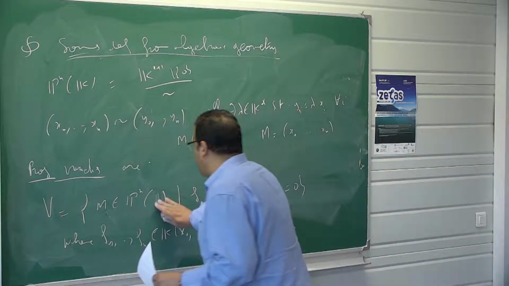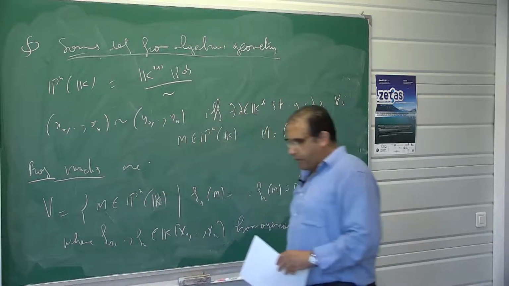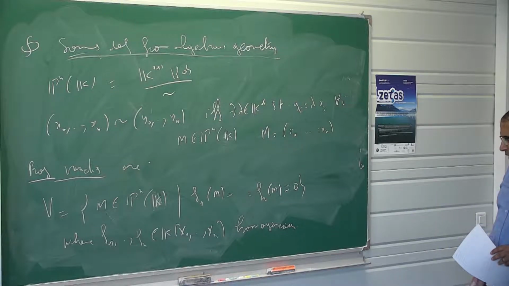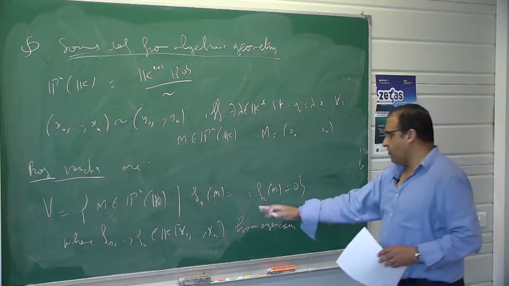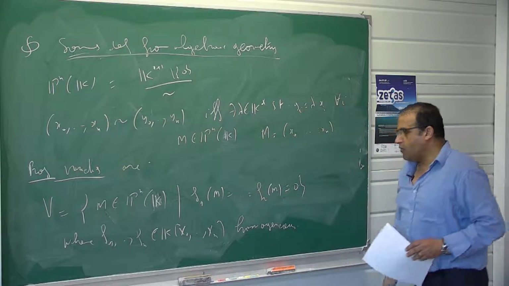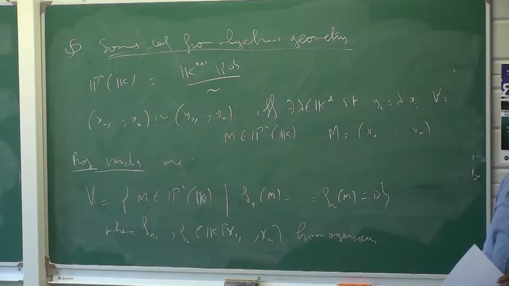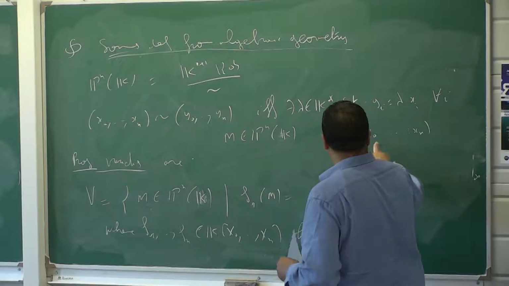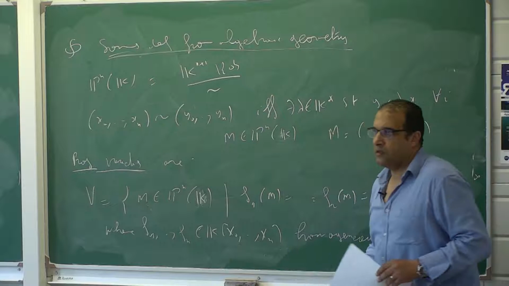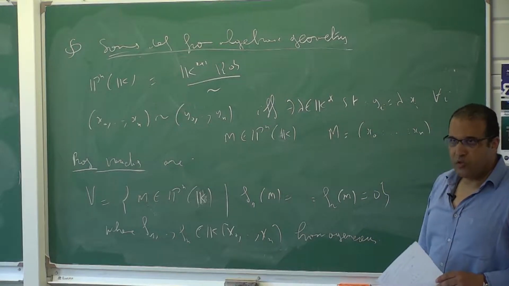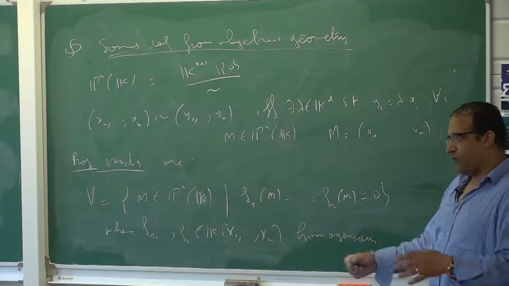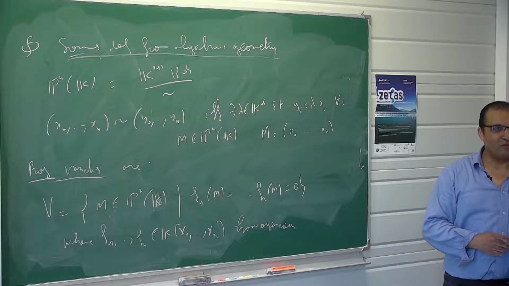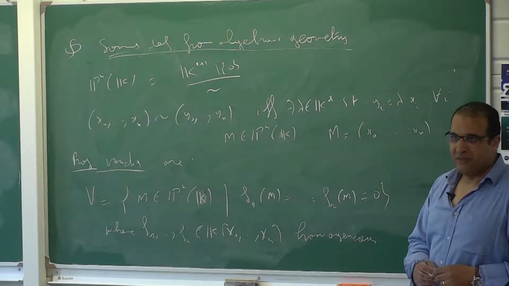So, roughly speaking, we can define them as the set of vanishing of a finite number of homogeneous polynomials. And we need homogeneous polynomials because the value at a point is not really defined, but if the polynomial is homogeneous, the vanishing of the polynomial at a point is defined.